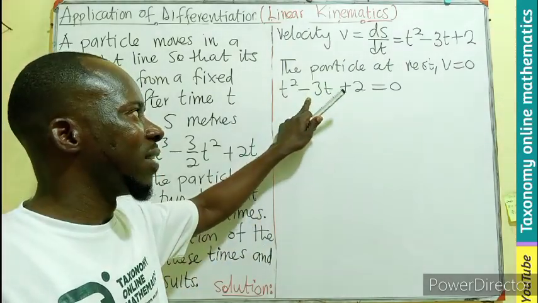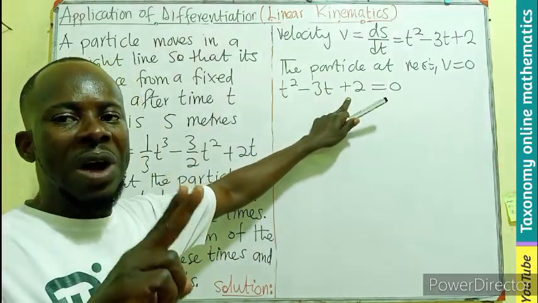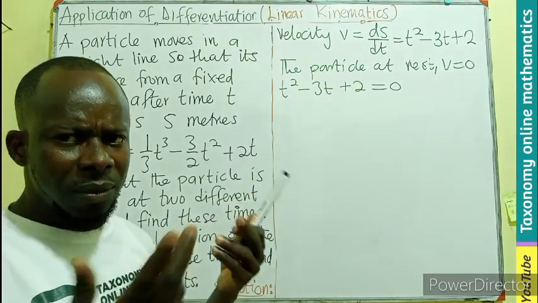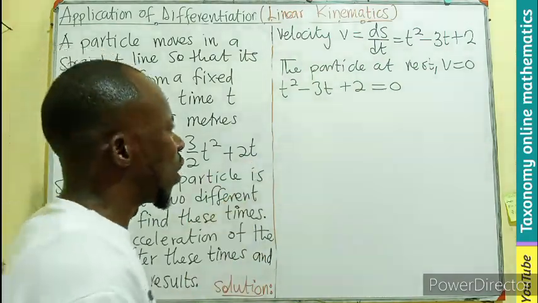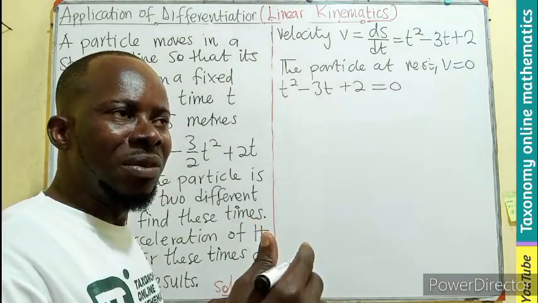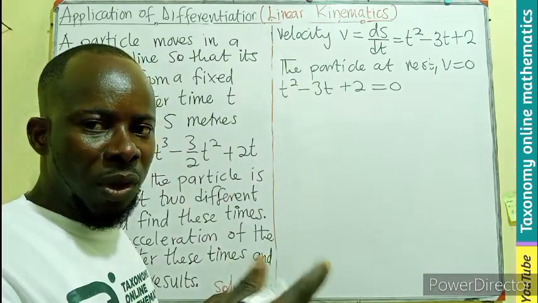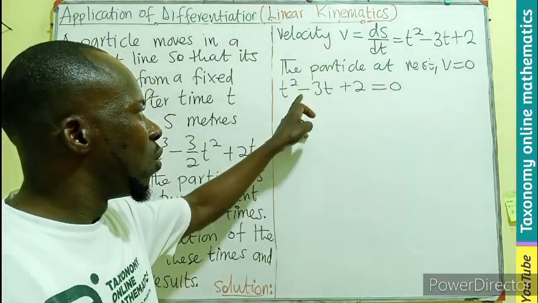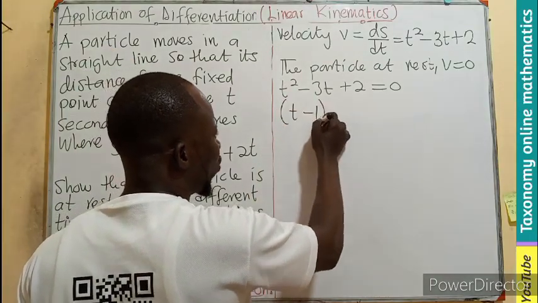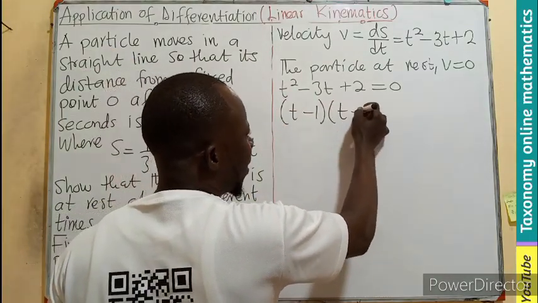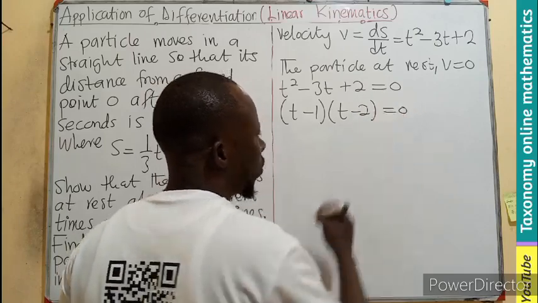As long as this is minus and this is positive, the two factors must be negative in order to get a negative number here. So I'll be having negative 1 times negative 2. That will be positive 2. The sum of that will give you negative 3. So (t minus 1)(t minus 2) equals 0.